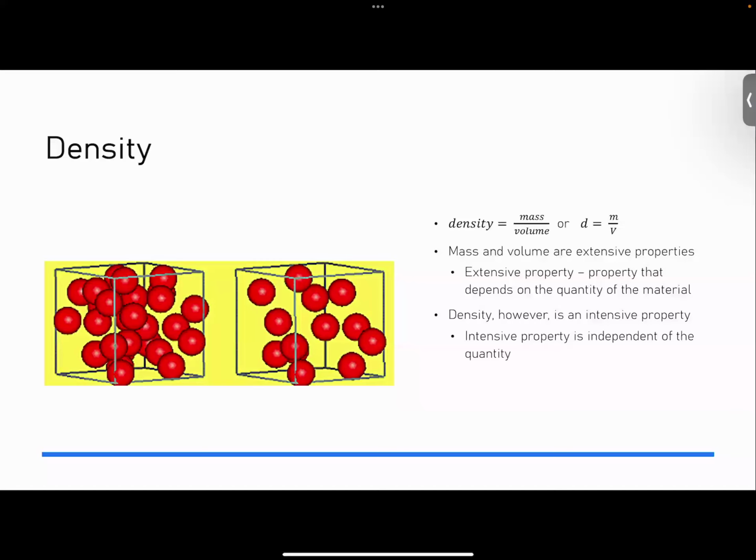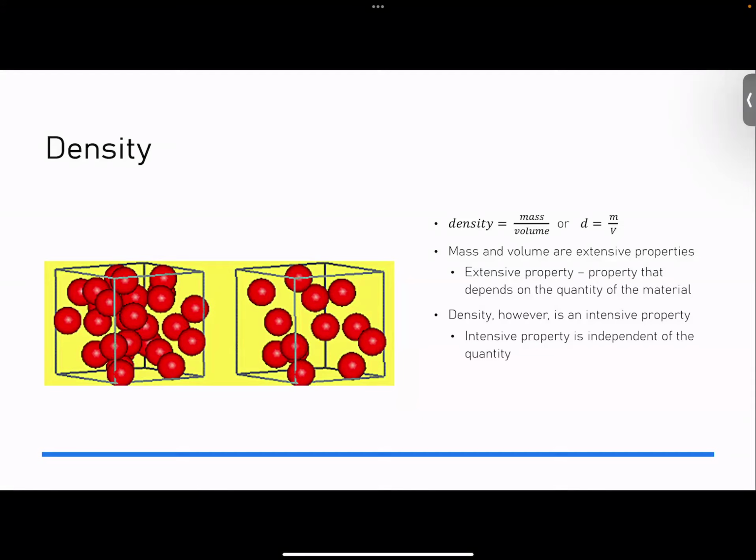When you look at these two objects, let's assume that each ball represents a mass. I have 1, 2, 3, 4, 5, 6, 7, 8, 9, 10, 11, 12, 13. I hope you can see number 13 very well, in this volume.